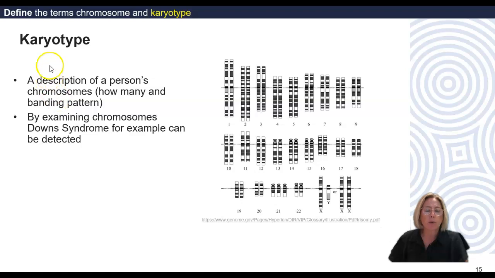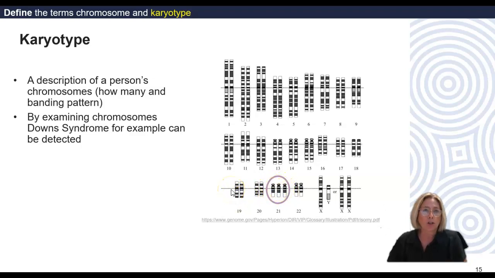And so just a little bit more about the karyotype here. It is a display or a description of a person's complete set of chromosomes, so how many they have, and also the different sort of banding patterns that are occurring. And by examining this display of chromosomes, things like Down syndrome, for example, can be detected, which you're looking at here, where there is an extra chromosome 21, and that's why it's called trisomy 21.